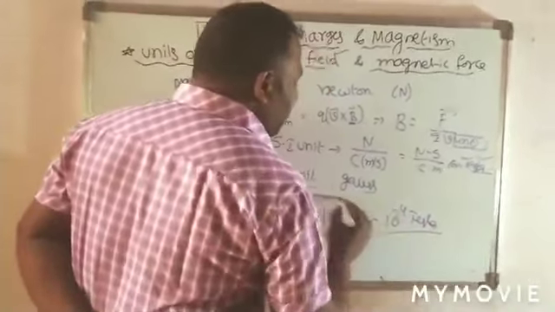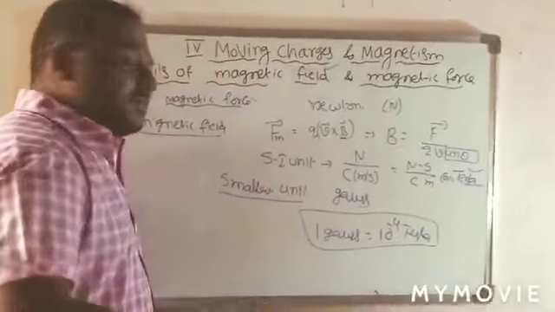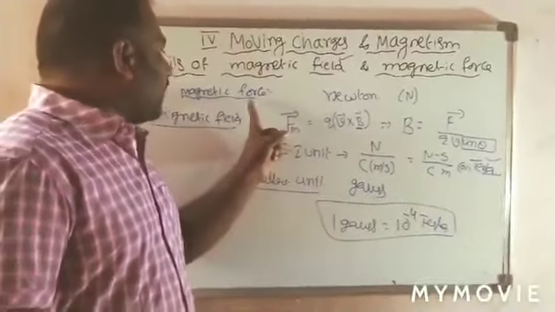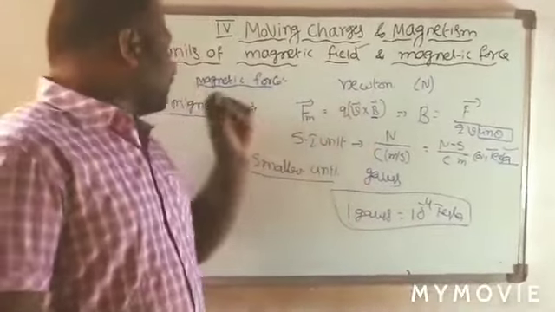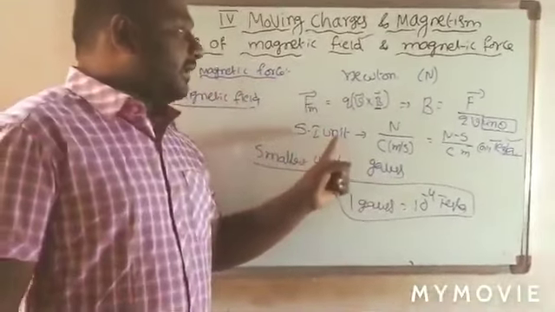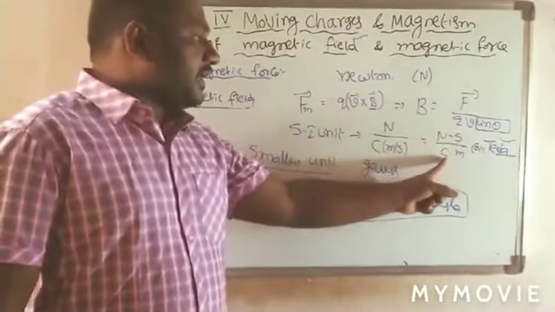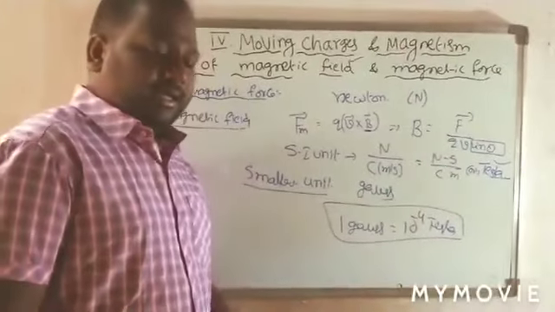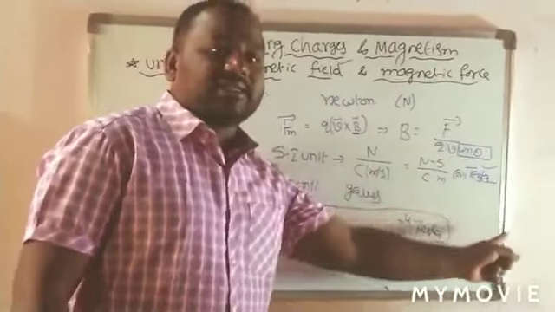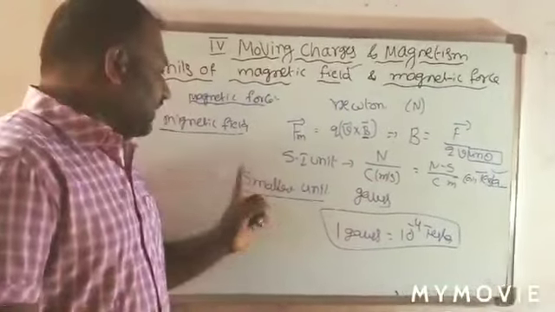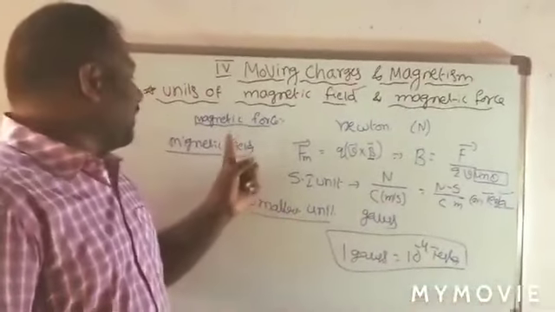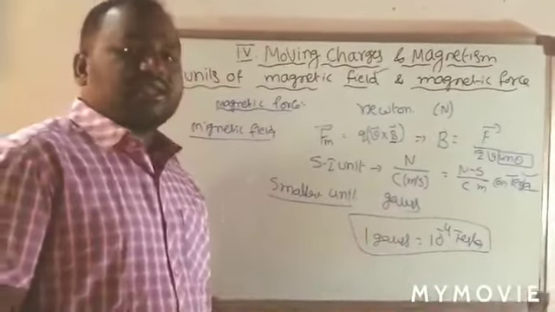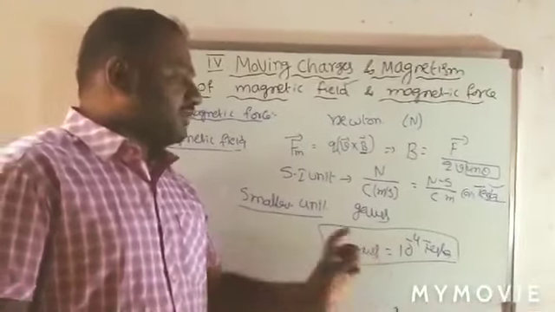Remember this, we are going to use it in problems. The unit of magnetic force is Newton. The unit of magnetic field is Newton second by Coulomb into meter, which is Tesla. The SI unit is Tesla, and the smaller unit of the magnetic field is Gauss. 1 Gauss is equal to 10 power minus 4 Tesla.